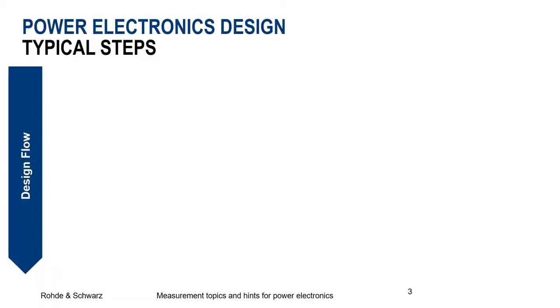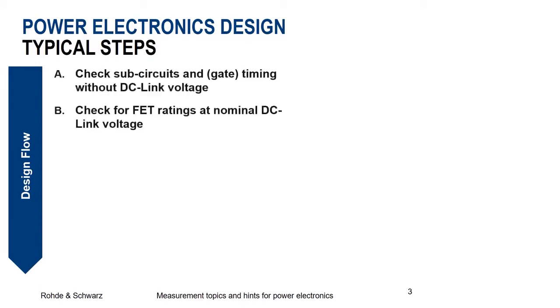In power electronics, there are some typical steps when converter or inverter designs are happening. First, the actual switching devices have to be checked. So it's important to understand sub-circuits, to understand timing, gate timing, and usually this is done in the first place without DC link voltage applied.